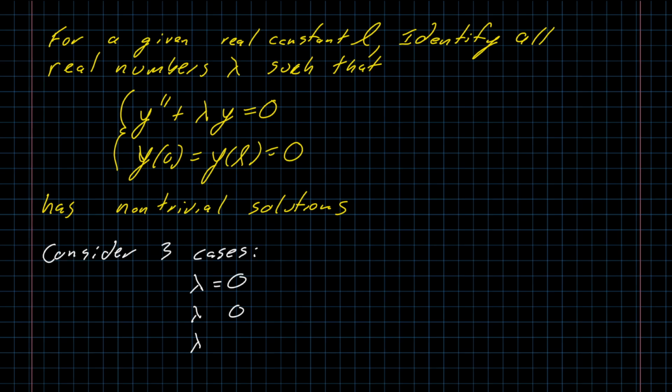The traditional approach is to break this into three cases. We are looking for a constant lambda, and lambda, if it's a real number, must be exactly one of positive, negative, or 0. So we look at each possibility in turn and see what happens.